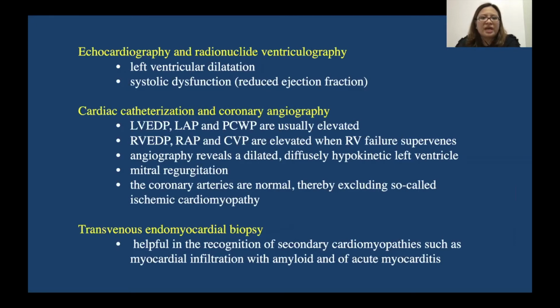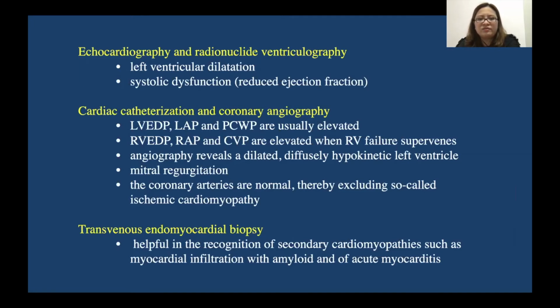So on cardiac cath and coronary angiogram, elevated LVEDP, left atrial pressure, and pulmonary capillary wedge pressure. When there is already supervening RV failure, the RVEDP, right atrial pressure, as well as the central venous pressure are all elevated.